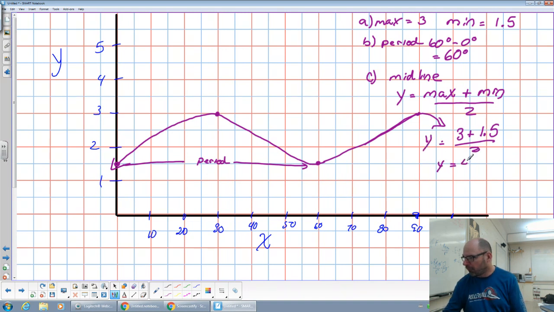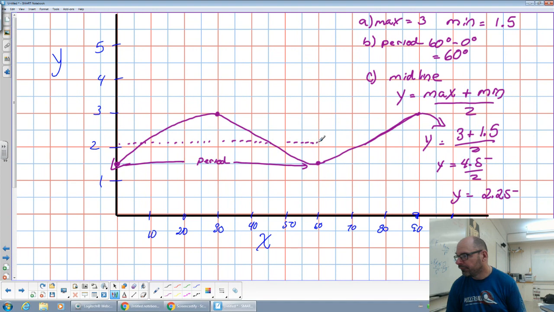So y equals 4.5 divided by 2, which is 2.25. If we were to draw the midline, 2.25 would be somewhere in here. And that's the equation of the midline.